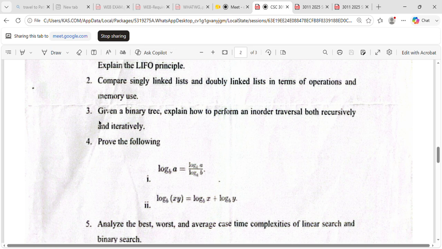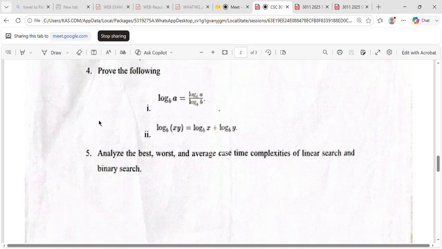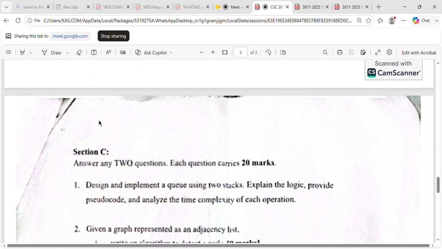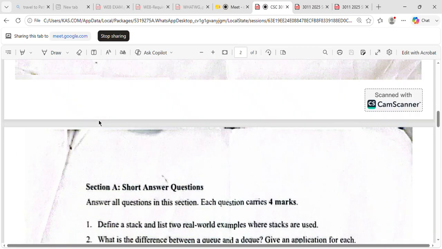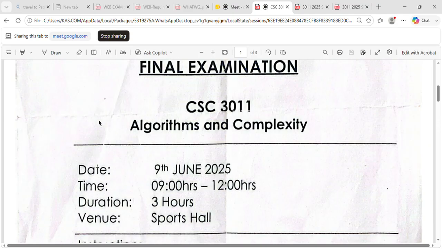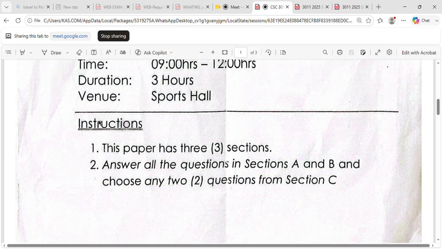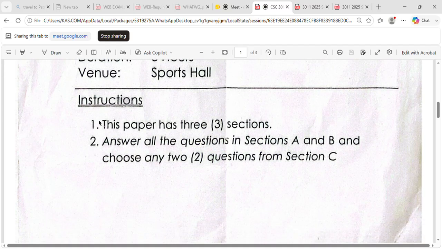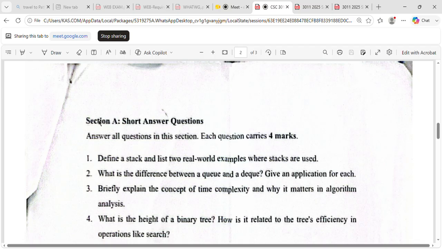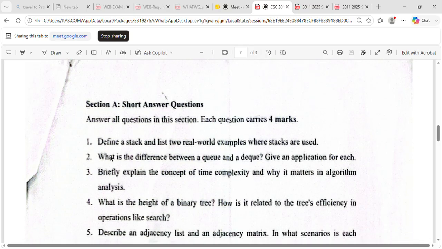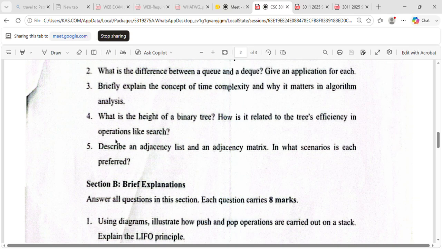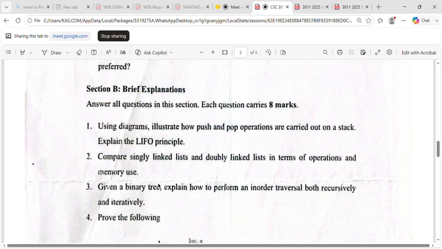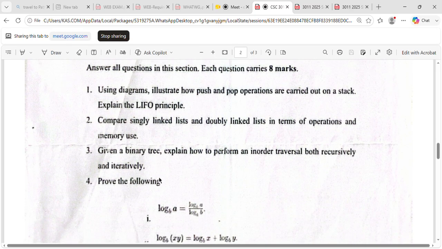So section A 40, section B 40, section C should be 20 marks. Let's see, section A was how many marks? Okay, 4 by 5, that's 20. So section A 20, section B 40, and section C 40.